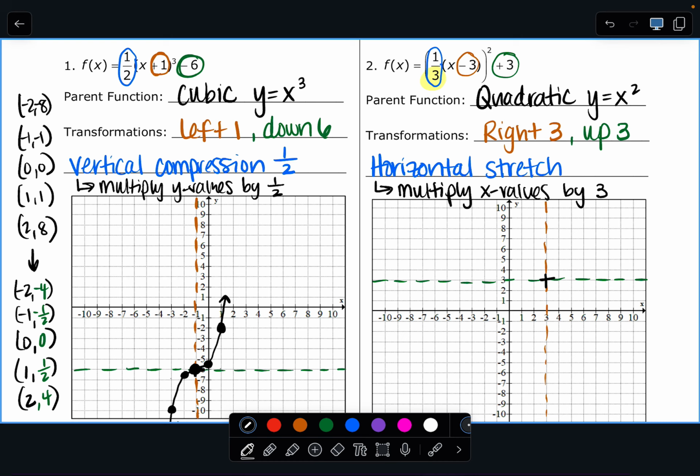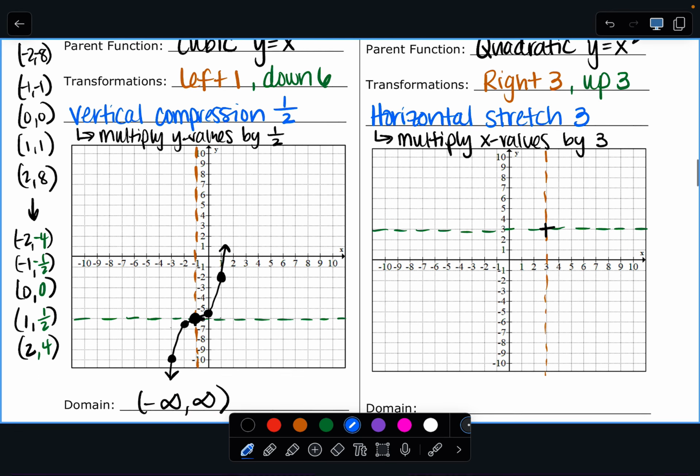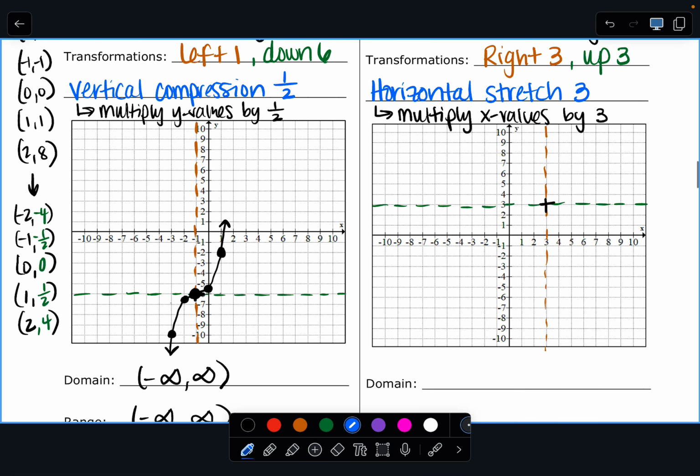Now, when I state this as a horizontal stretch or a compression or vertical stretch or compression, it's always based on what is the multiplier. And so since our multiplier is 3, I'm not going to say horizontal stretch 1/3. I'm going to say horizontal stretch 3. So this is one where it's going to kind of do the opposite of what you would normally think. And that's only because we are technically multiplying those values by 3 and not 1/3.